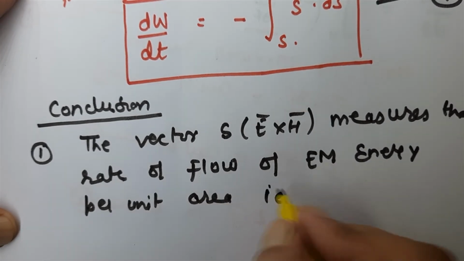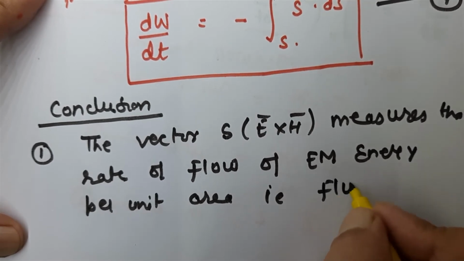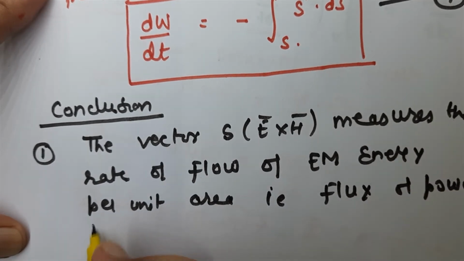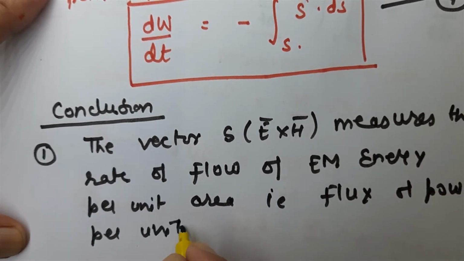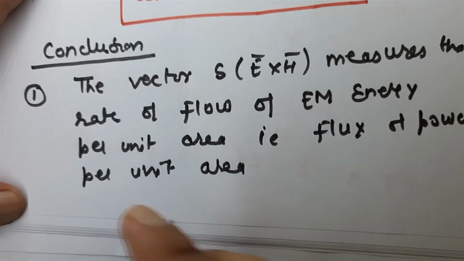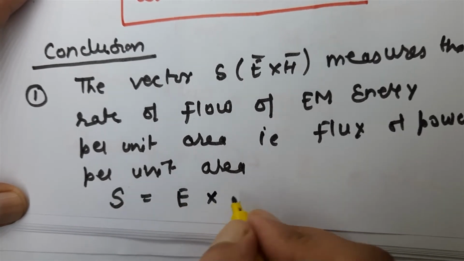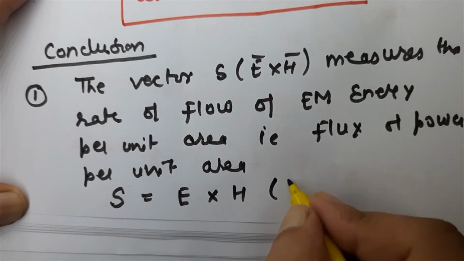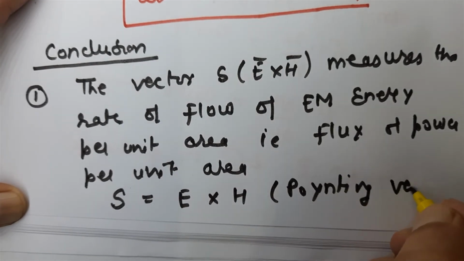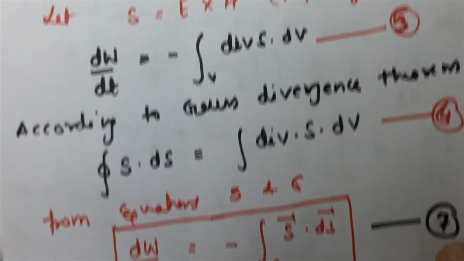You can also call it the flux of power per unit area, and this quantity, flux per unit area, you call S, and this S is given by E cross H. So this quantity we name as Poynting vector. I will write the further conclusions on the next page.